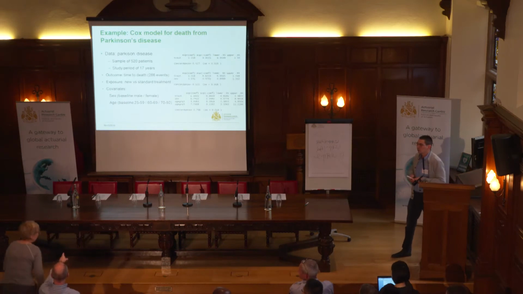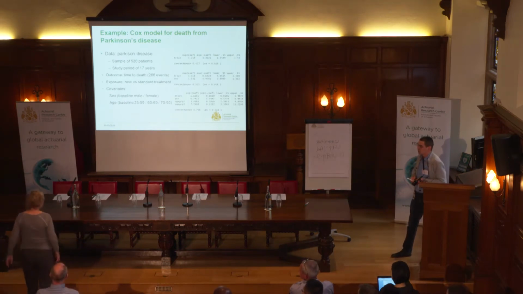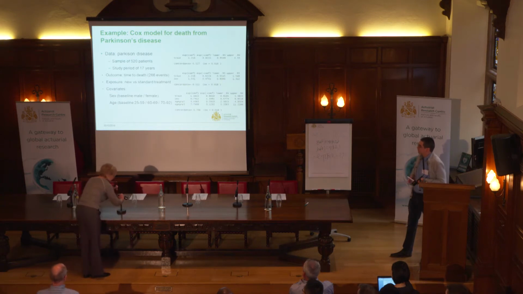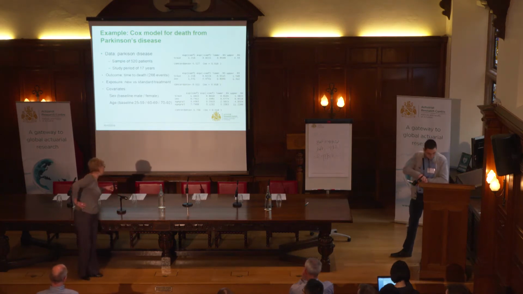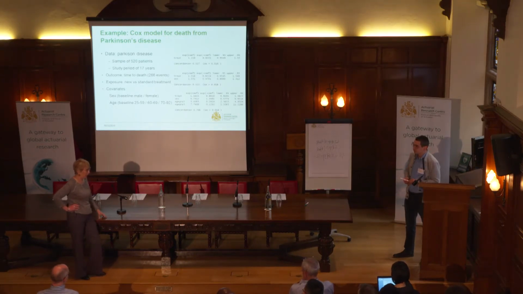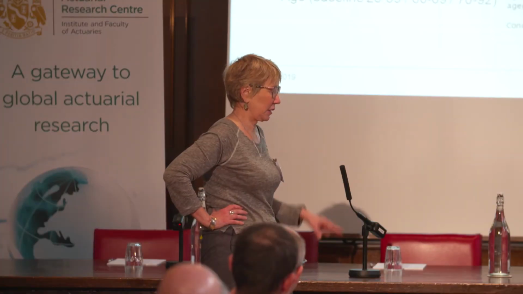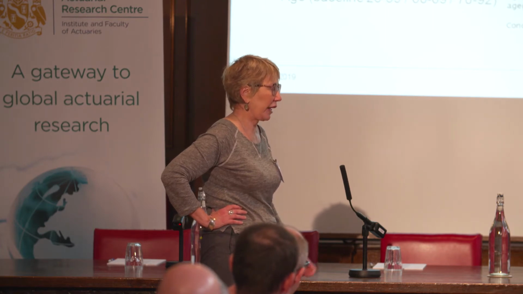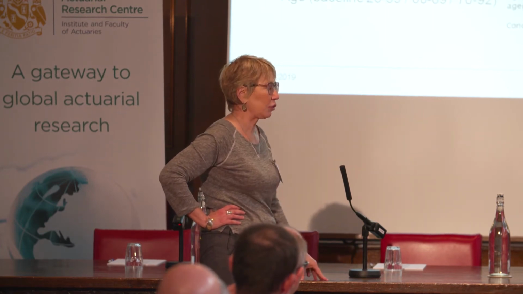Can you use the microphone? I can explain. Concordance looks at pairs of observations, and it compares the ordering of pairs by the risk score with the ordering on the time of death.